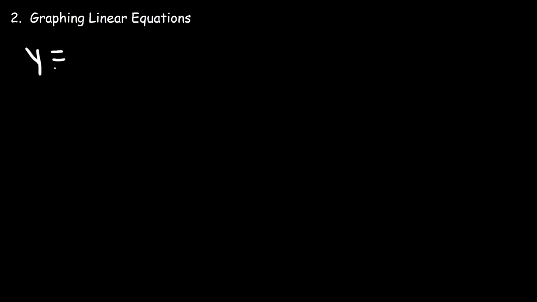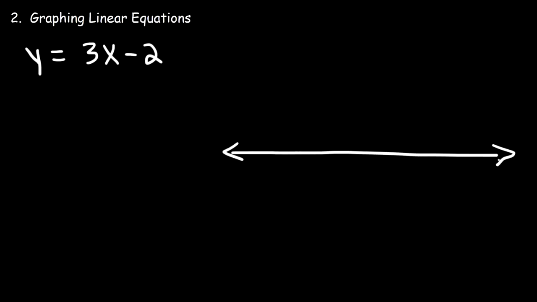So let's consider this example. y is equal to 3x minus 2. How can we graph this particular equation? Well, the first thing we need to recognize is that this equation is in slope-intercept form.